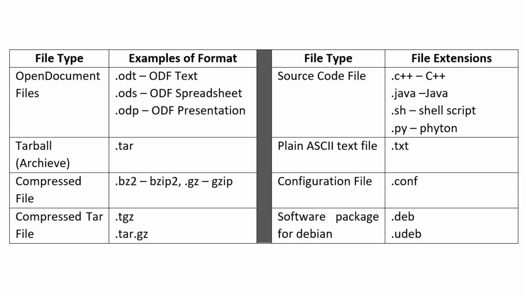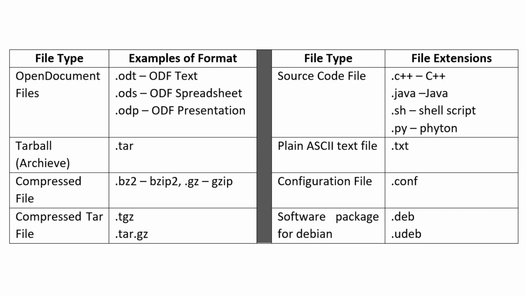For Excel, it's compatible with .ods and so on. Then tarball. This is not something we can compare with Windows. The .tar is a utility given in Linux. We will see this further in the next lab session.